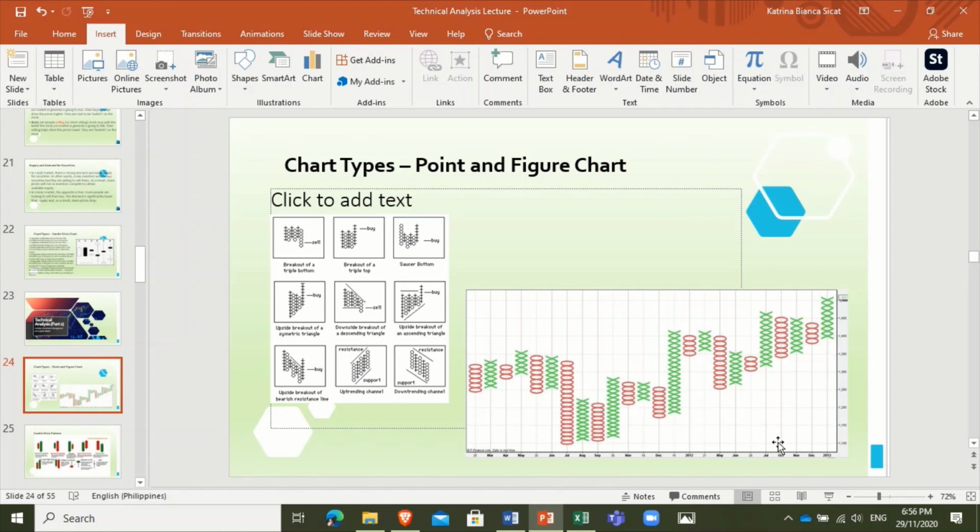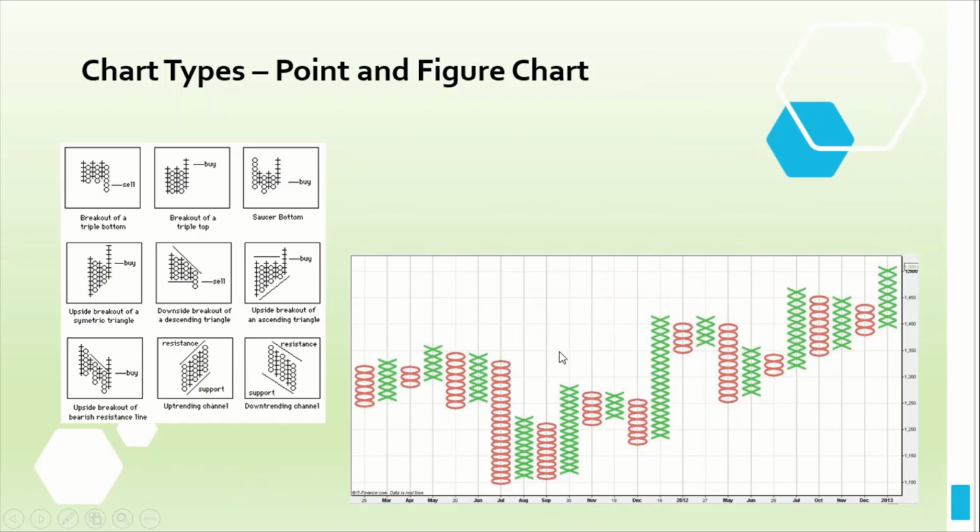Okay? So, unlike sa bar chart, unlike sa candlestick chart, like I've mentioned on our first video, there is a body. Okay? So, dito sa point and figure chart, walang kinalaman yung body ng chart.